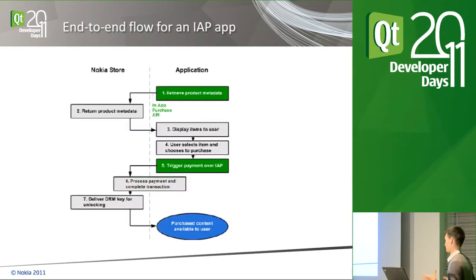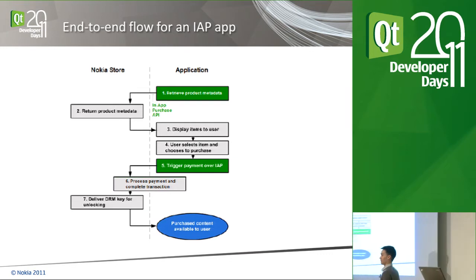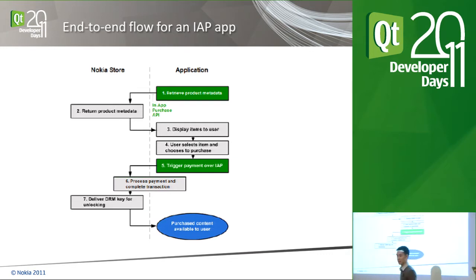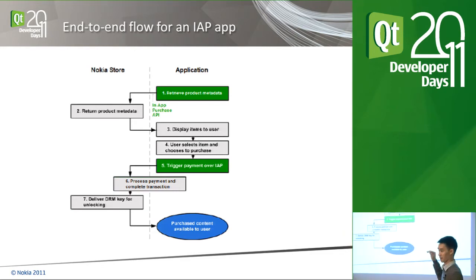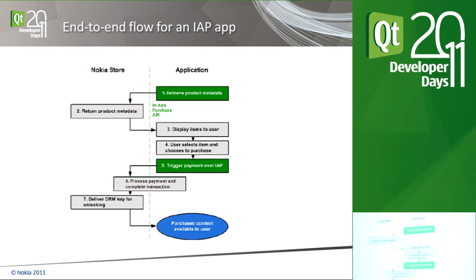So once you've done that, now you're ready to add or implement the source code to use the in-app purchase library. This is a high-level overview of the actual process, the interaction between the application and the Nokia store.